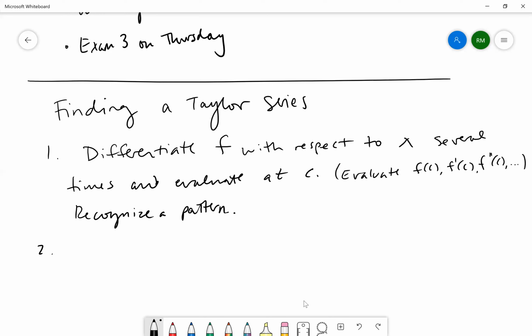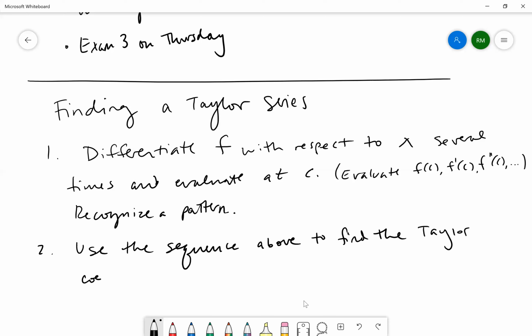From here, you want to use that sequence to form the Taylor coefficients. All right.